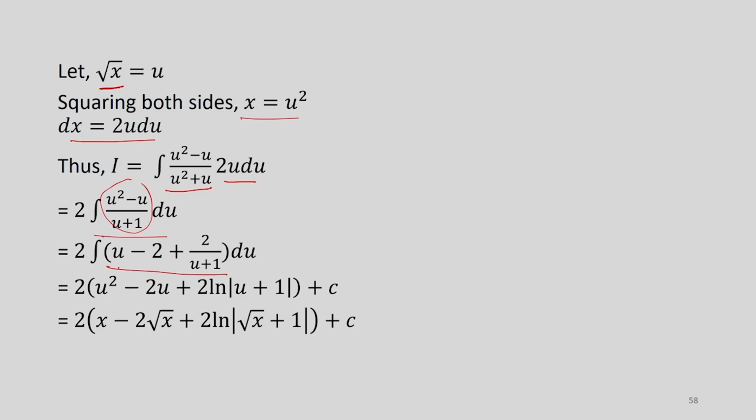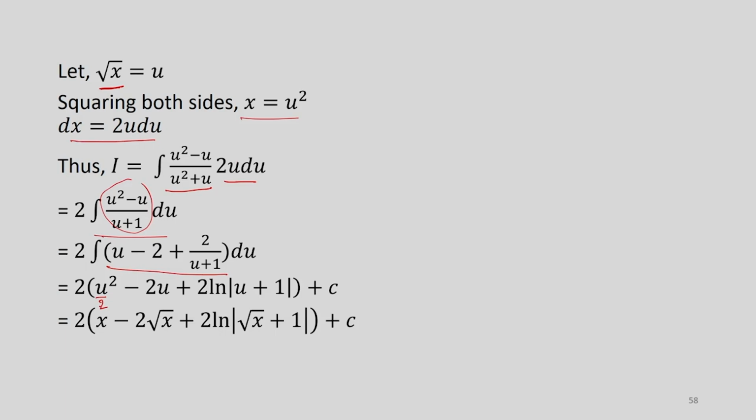First is the u term, which is u square, right, divided by 2 minus 2u plus 2 multiplied by log of modulus of u plus 1 plus c. So, here I think there should be 2, and then you have the coming back of the x's instead of the u's.